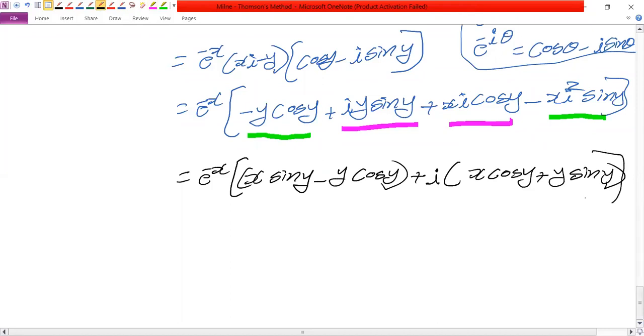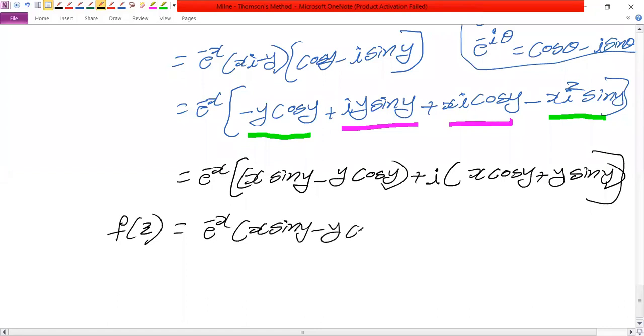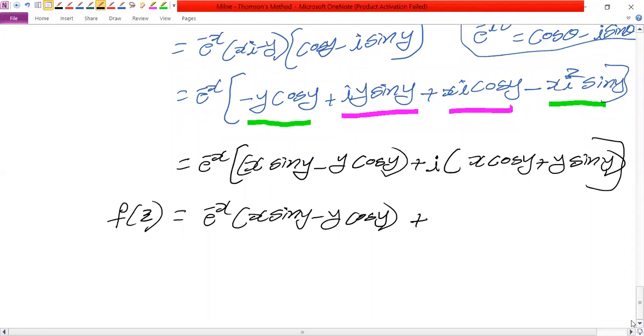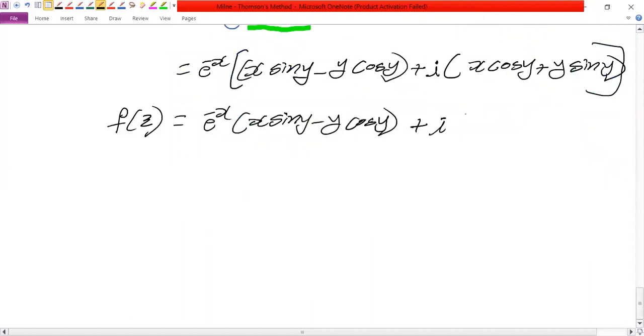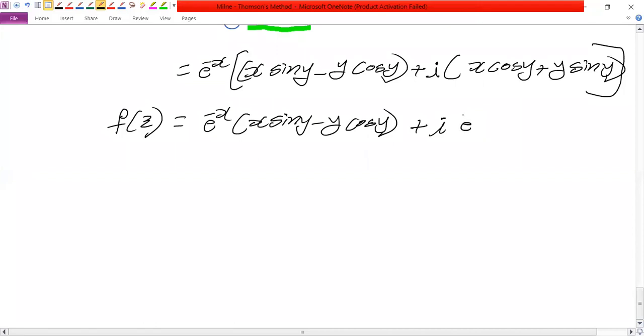Now tell me how I can write f of z equals e power minus x into sin y minus y cos y, plus i into, e power minus x common, into x cos y plus y sin y.